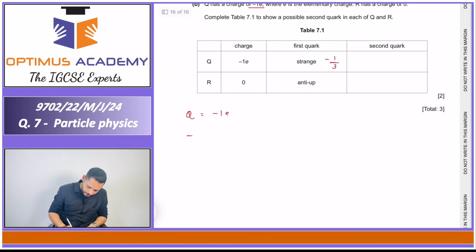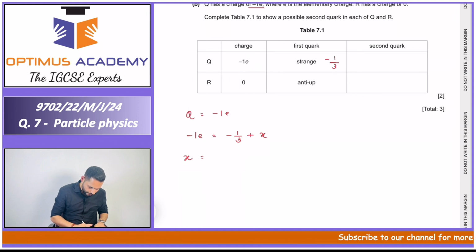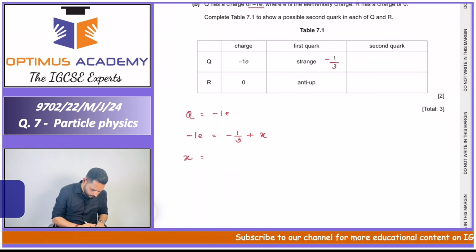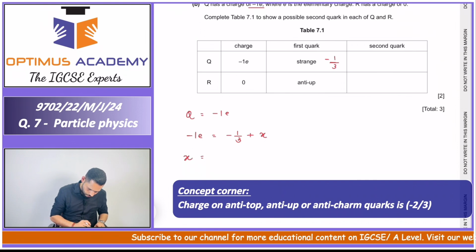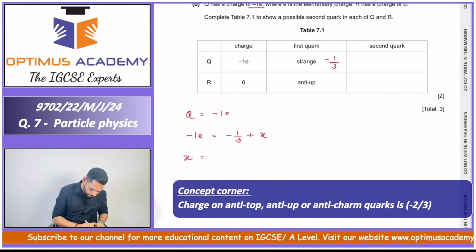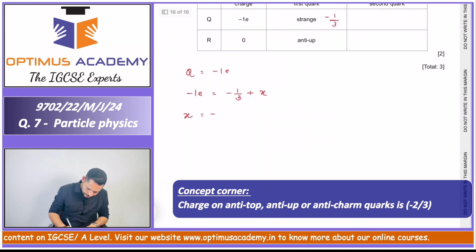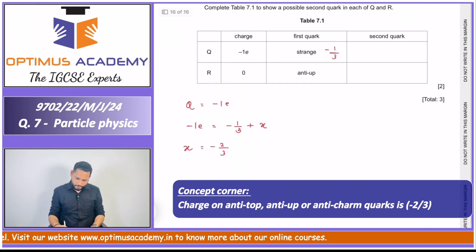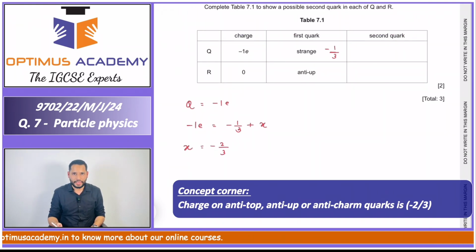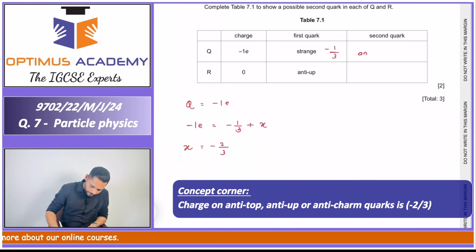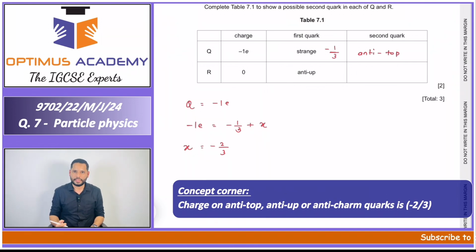So to have the net charge of -1 e, the strange quark adds with X. So X will be -1 plus 1 divided by 3, which is -2/3. So we need a quark which has charge -2/3. So the answer will be antitop, because antitop has charge -2/3.